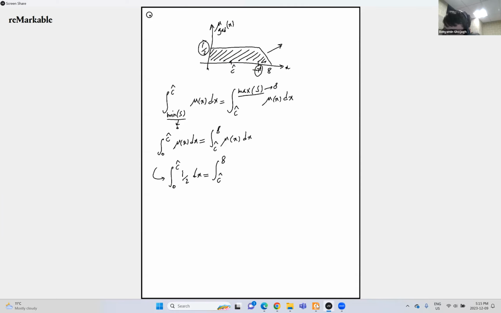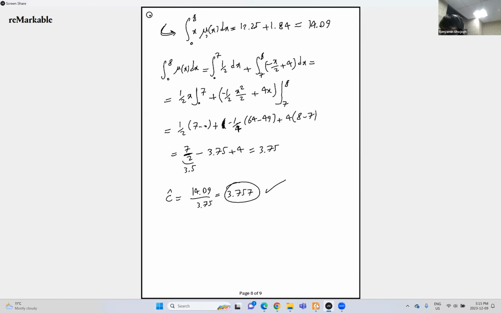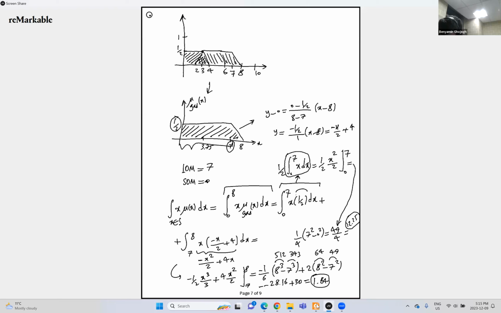For the other side, I need to break it down. Until 7 it is half, and from 7 to 8 it's this line. What was the equation of this line? We already calculated that: minus x over 2 plus 4.